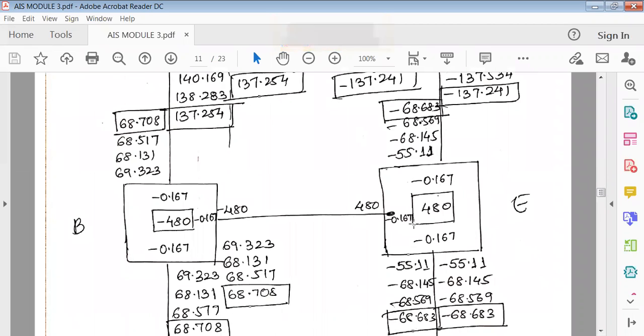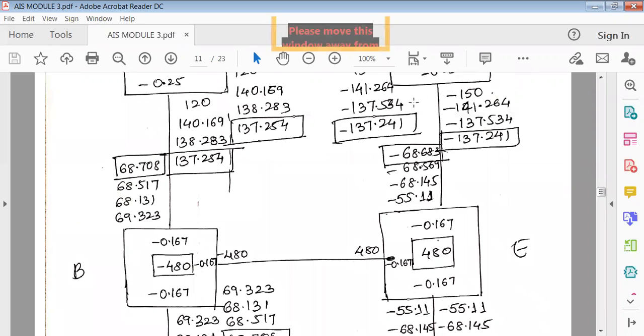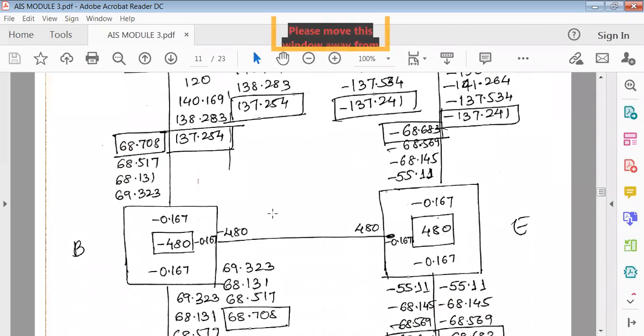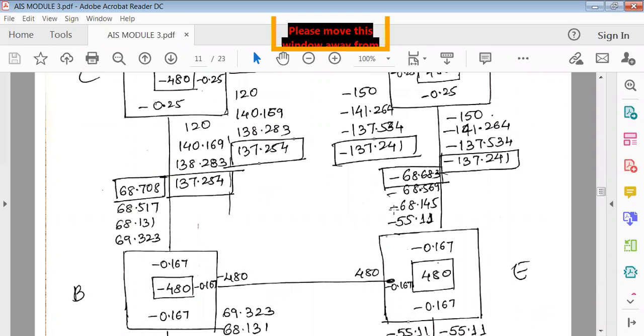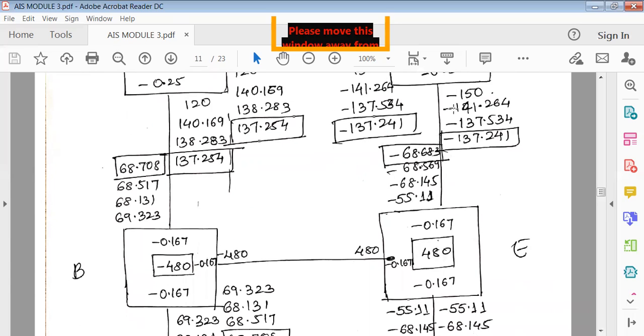Next come to the third iteration, that is point E. This is joint E. E connects ED also, EB also. So again the same thing, 480 minus, from the previous step what you've taken. The previous step connects from DE, that is minus 480 minus 141.264.